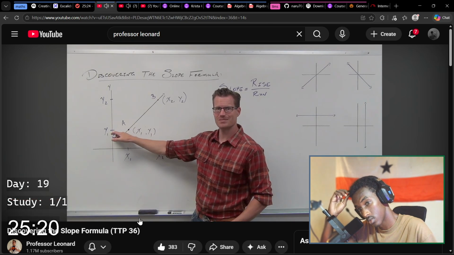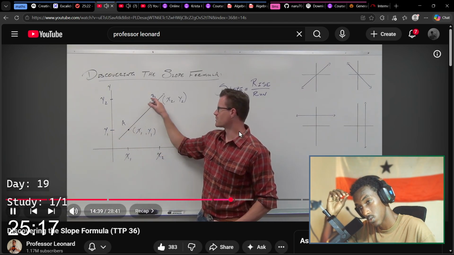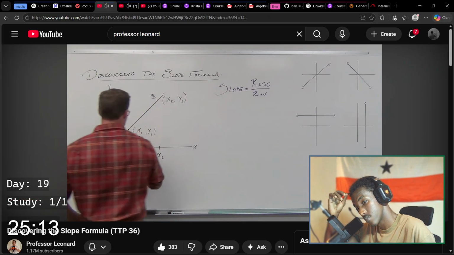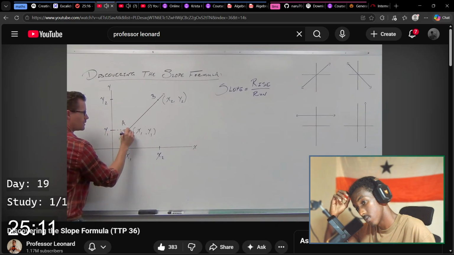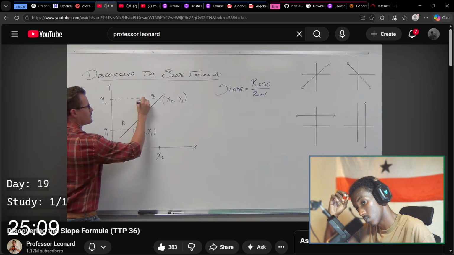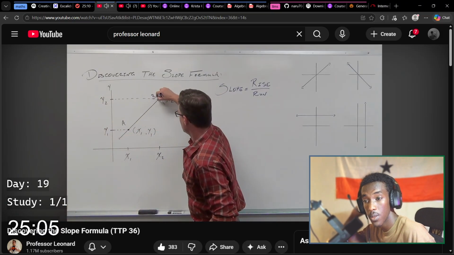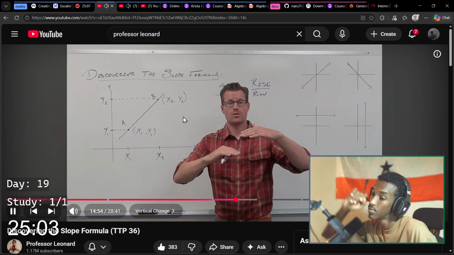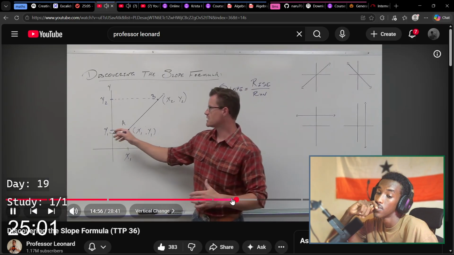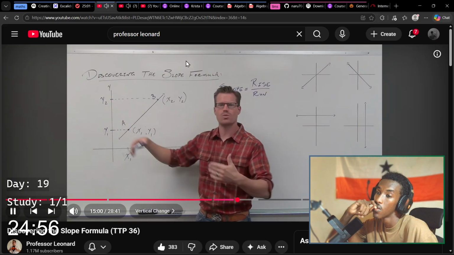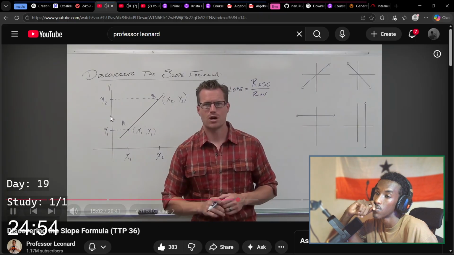That's the y coordinate. B's got a height right here. It's just that distance. You can make a little dotted line if you want. The vertical change, the rise, is just the distance between those two y coordinates. Does that make sense to you?